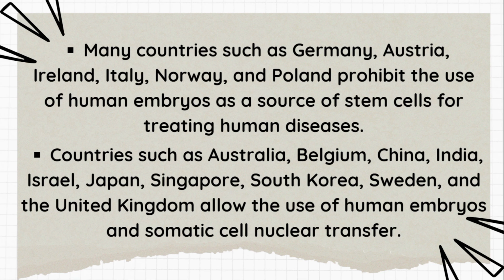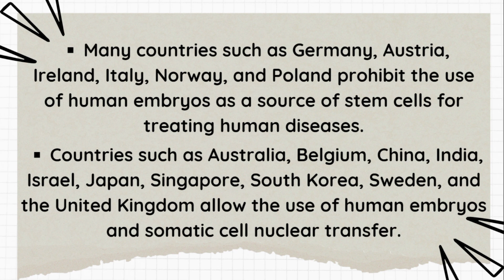Alternative stem cell sources, such as induced pluripotent stem cells and adult stem cells, are favored to avoid ethical controversies. Public opinion and the desire to respect the sanctity of human life contribute to the restrictions on using human embryos for stem cell research in these countries.